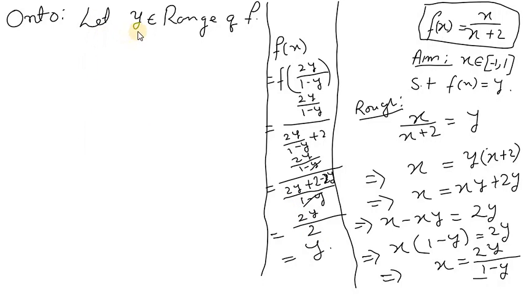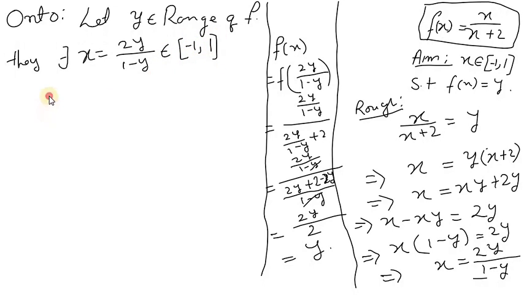So let y be in the range of f. Then there exists x = 2y/(1 - y) belonging to the closed interval [-1, 1], such that f(x) = y.